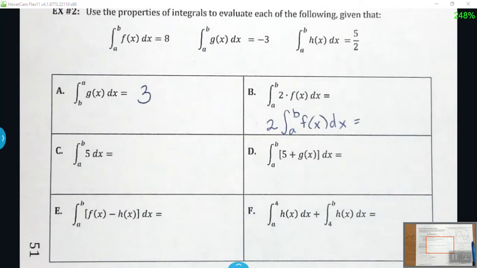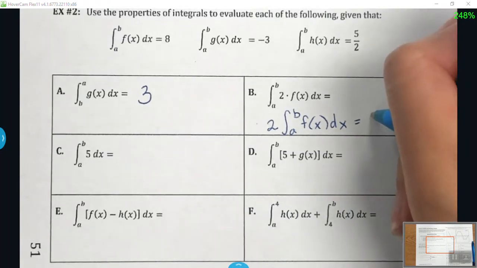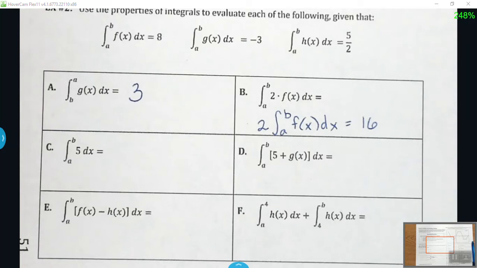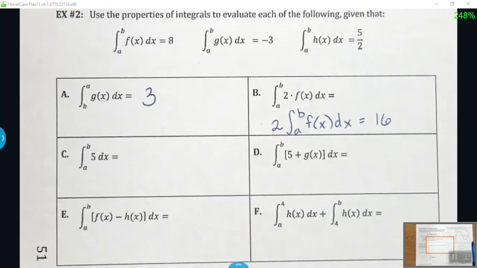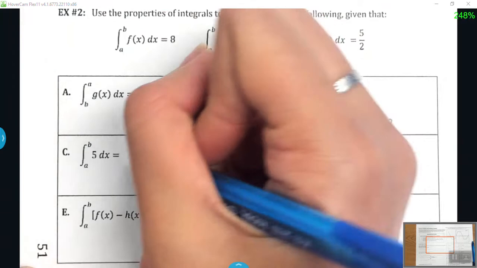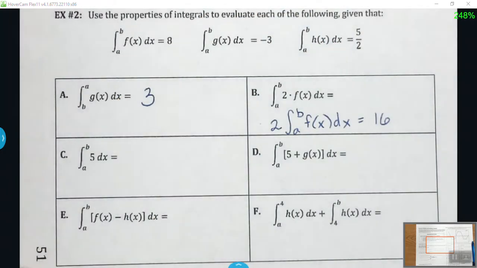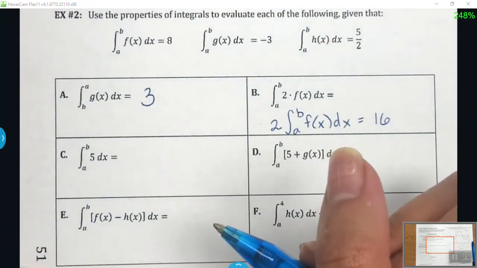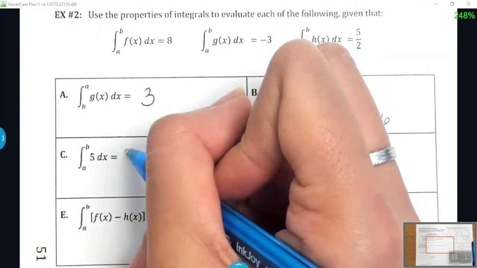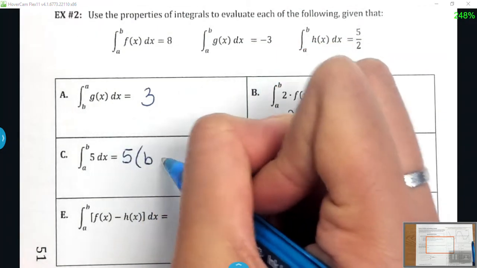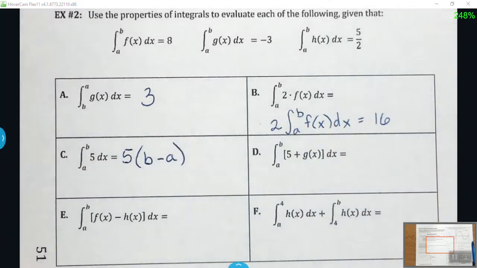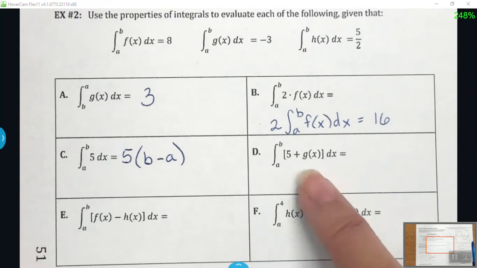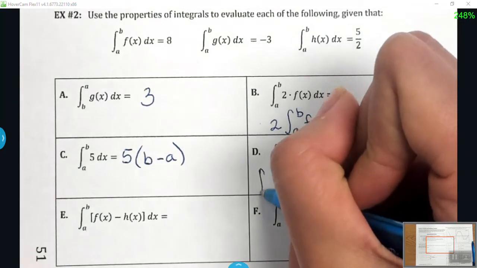So you already know the integral from a to b of f of x, that's 8, so 8 times 2 is 16. All right, c is a constant, so I just do what? D is a constant and g of x, so I'll split this up into 2.